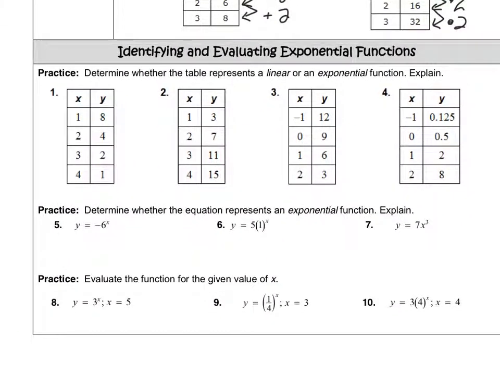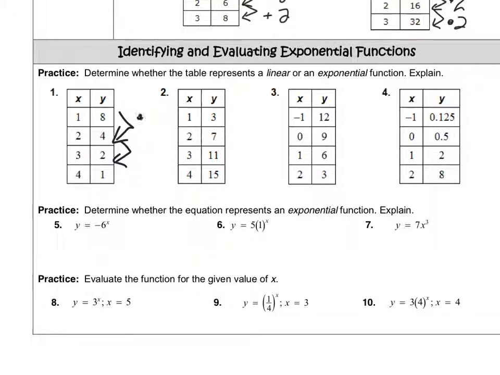So let's just practice making sure that we can identify exponential functions on tables. So this first one, going from 8 to 4. We can try linear. That would be subtracting 4, but it's not going to work the next time. So let's try exponential. Going from 8 to 4, we're multiplying by 1/2.